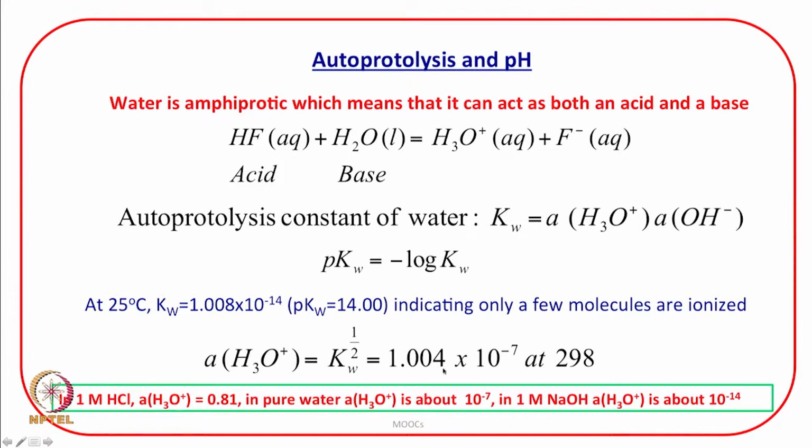For pure water, it is 10 raised to the power minus 7, and for 1 molar sodium hydroxide, it is about 10 raised to the power minus 14. And then we discussed that there has to be a simpler method of expressing these activities of the hydronium ion. There has to be a scale which should capture these activities, and that scale is the pH scale.